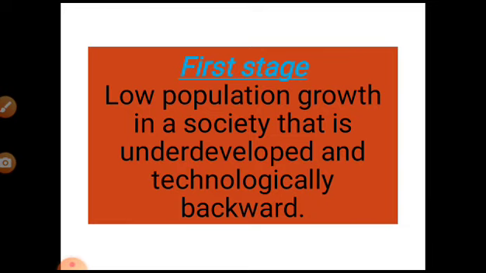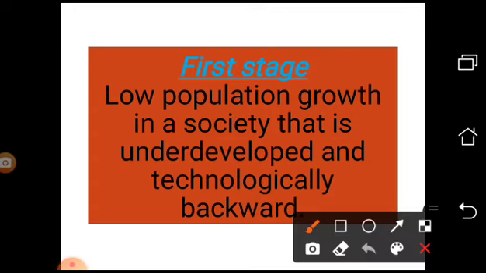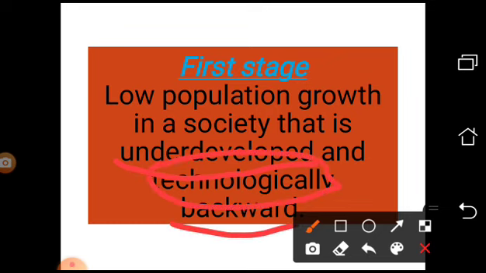In the first stage, low population growth in a society that is underdeveloped and technologically backward. So I'll just highlight the word underdeveloped and backward. Backward in the sense technologically backward. So these two words are very important here.